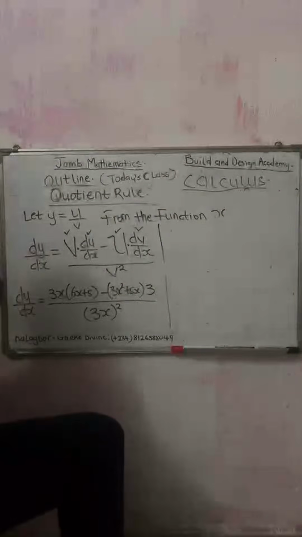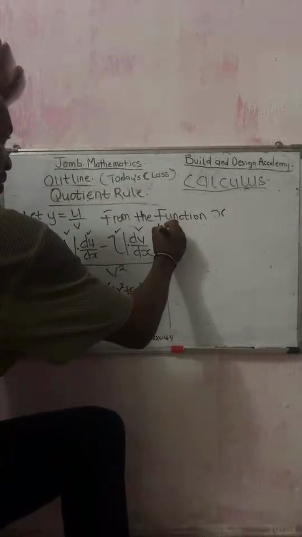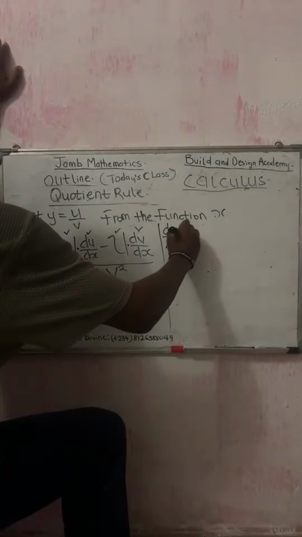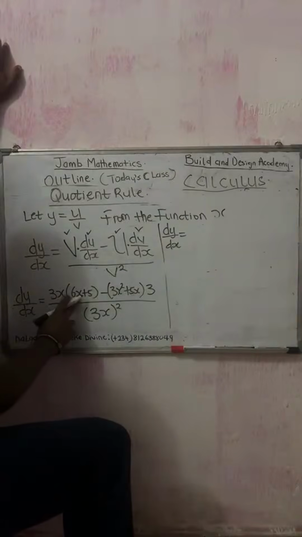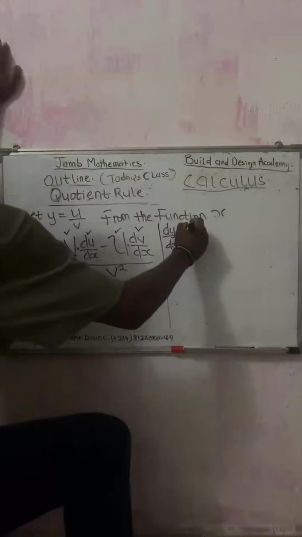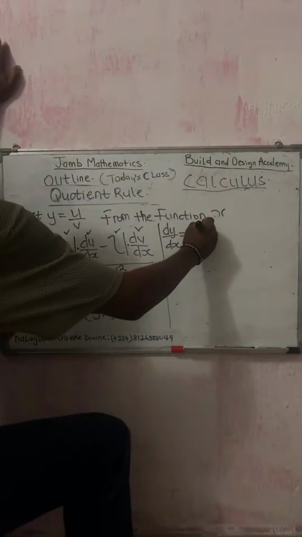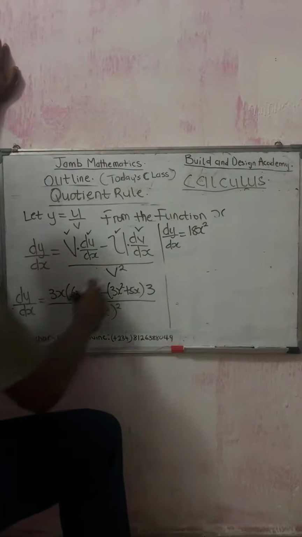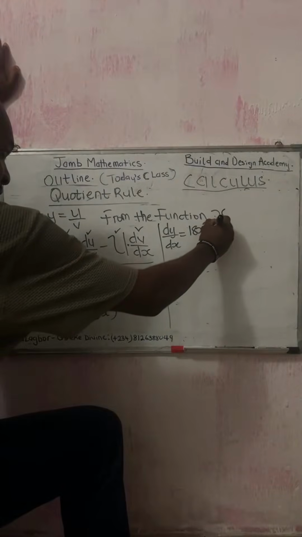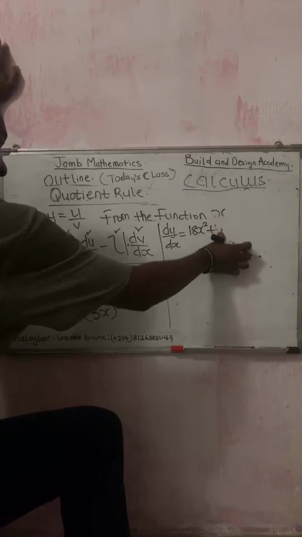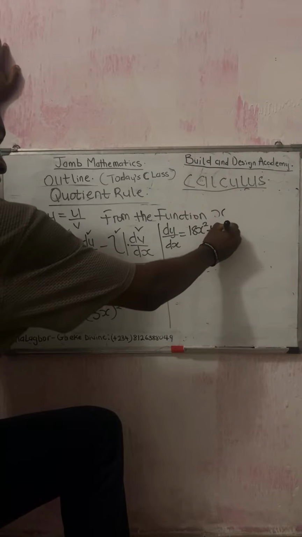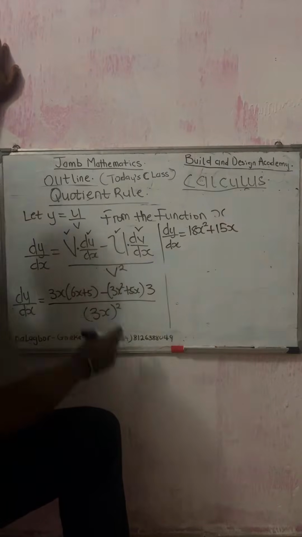So we now have that the y all over the x will be equal to 3x times 6x equals 18x squared. 3x times 5 will give us plus 15x.